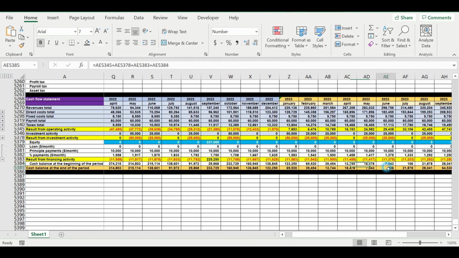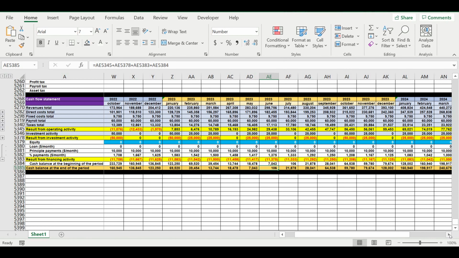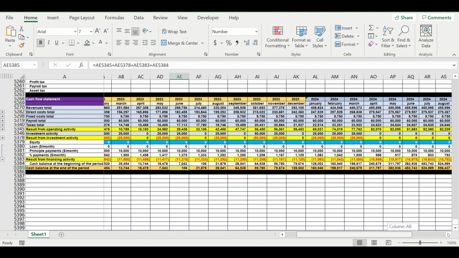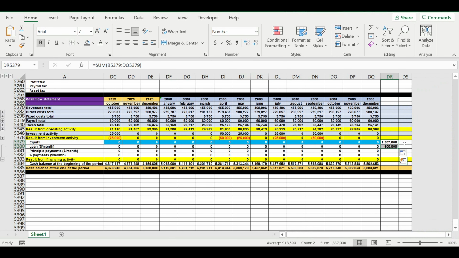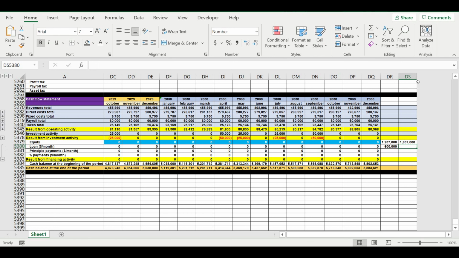So here is the moment when the project starts generating its own cash flow. Then we go to the end of the timeline and create a total for these two lines.